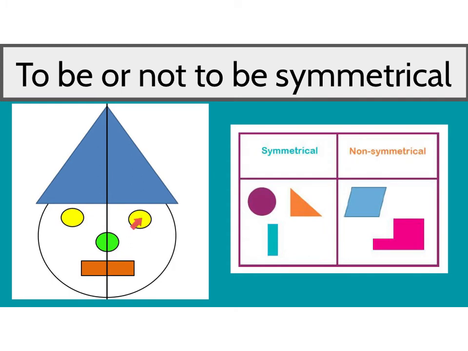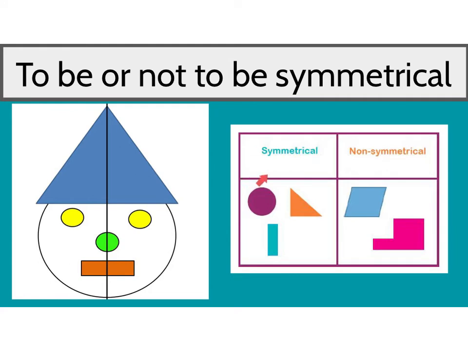That means this circle would be in the same spot as this circle. This nose area, we have half on this side, half on the other. Same thing with the mouth. And same thing with the hat. So again, this shape would be symmetrical and it would have one line of symmetry right down the center.